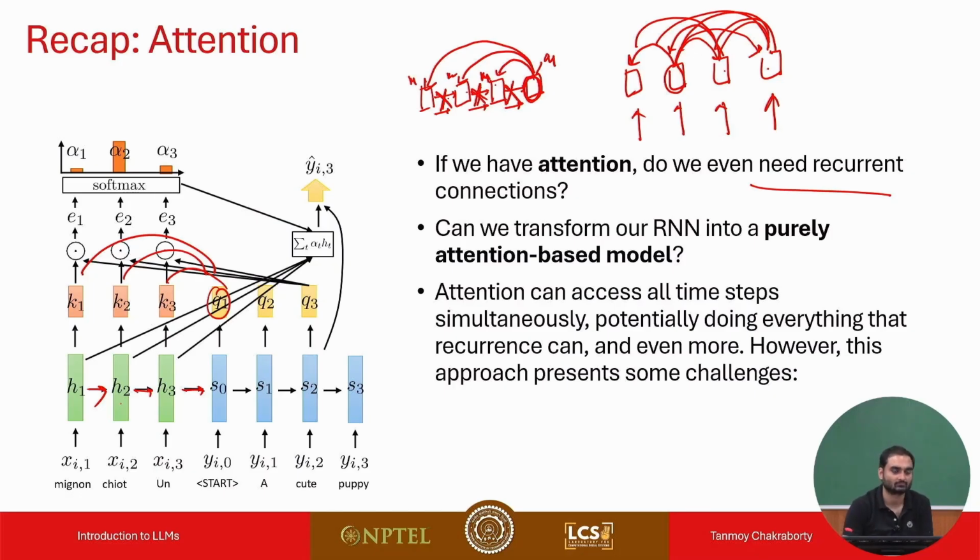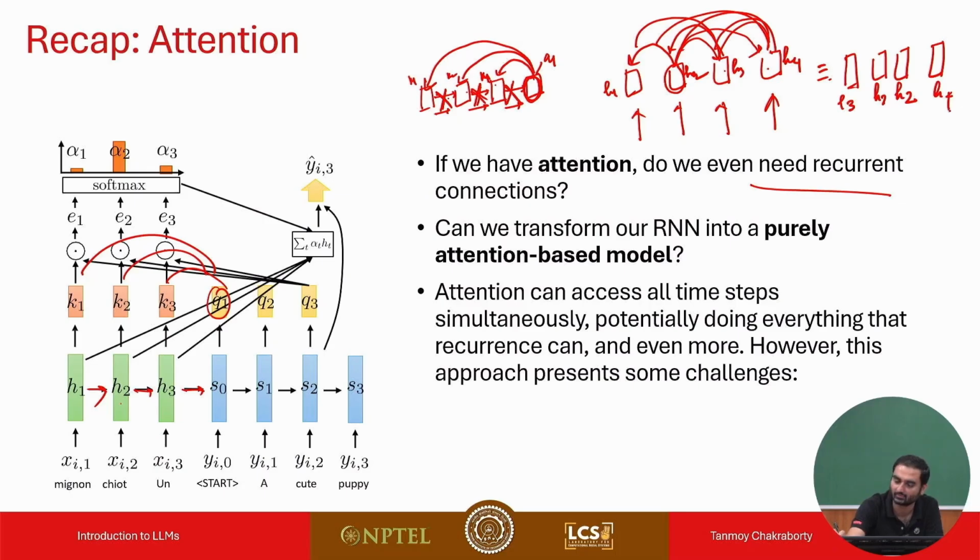But here's a problem. What is the problem? The problem is that when you discard these recurrent links, you basically lose the information of the sequence. Now think about it. This is H1, H2, H3, and H4. You do all these attentions independently, right? So this is equivalent to another network where, let's say, this is H3, this is H1, this is H2, and this is H4.